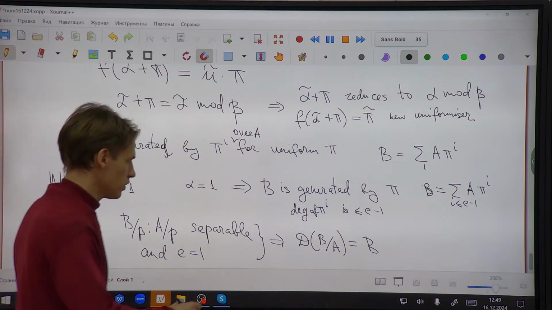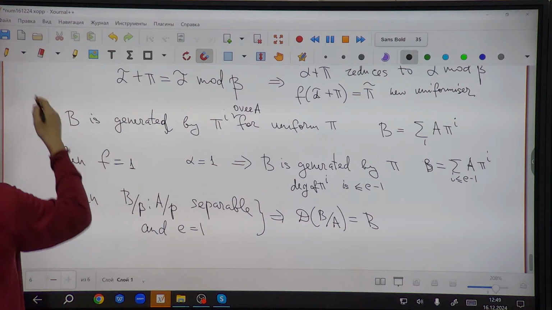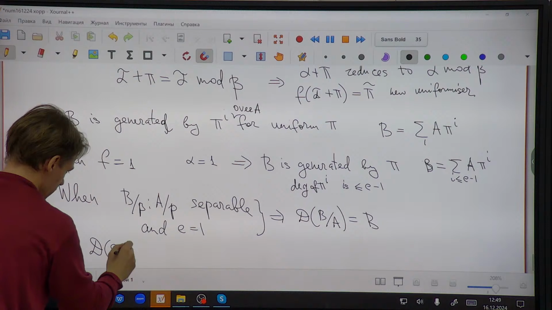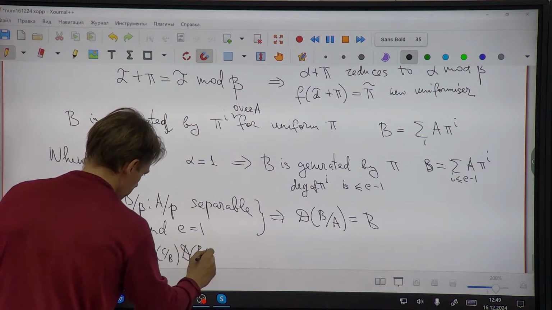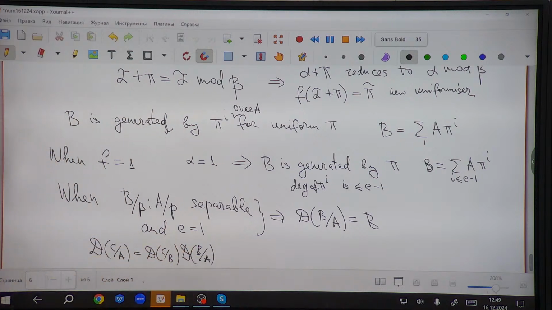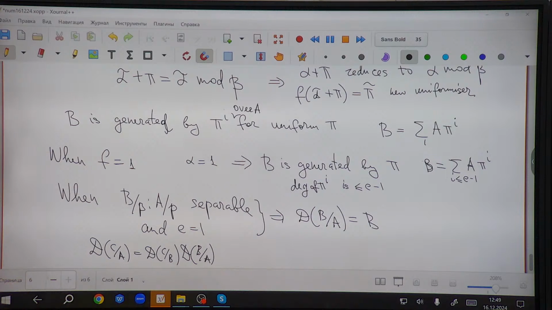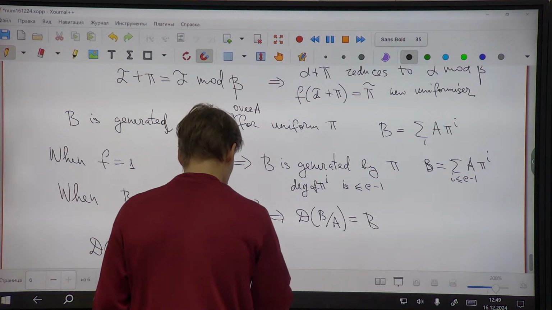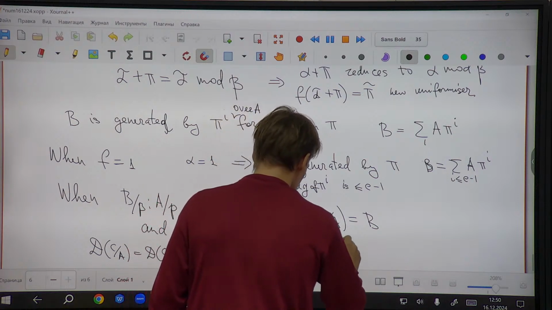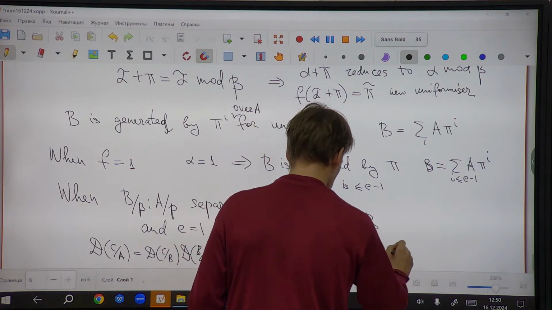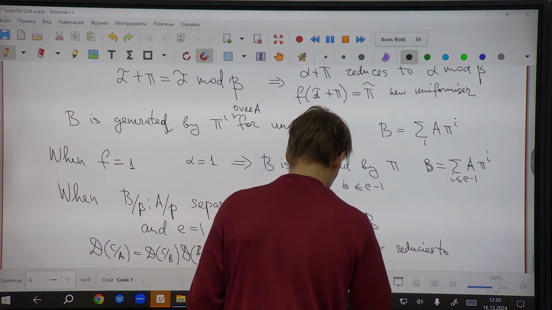So this product formula that tells you what happens under extensions, writing the different of C over A as a product of D of C over B and D of B over A: if you decompose the field as unramified and ramified, one will be just the whole ring, and the calculation of the different reduces to the totally ramified one.